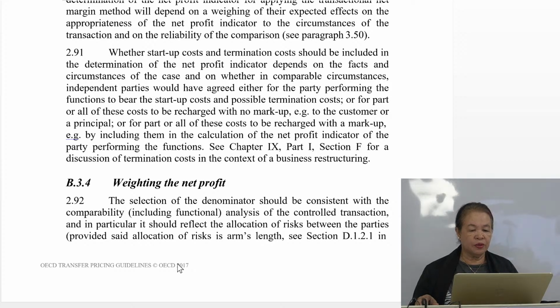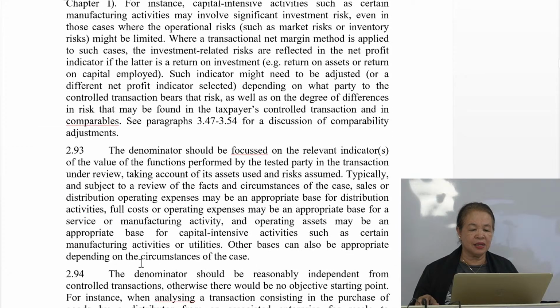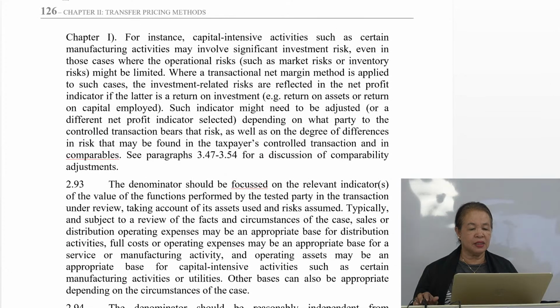So for instance, capital-intensive activities such as certain manufacturing activities may involve significant investment risk, even in those cases where the operational risk such as market risk or inventory risk might be limited. So where a transactional net margin method is applied to such cases, the investment-related risks are reflected in the net profit indicator.